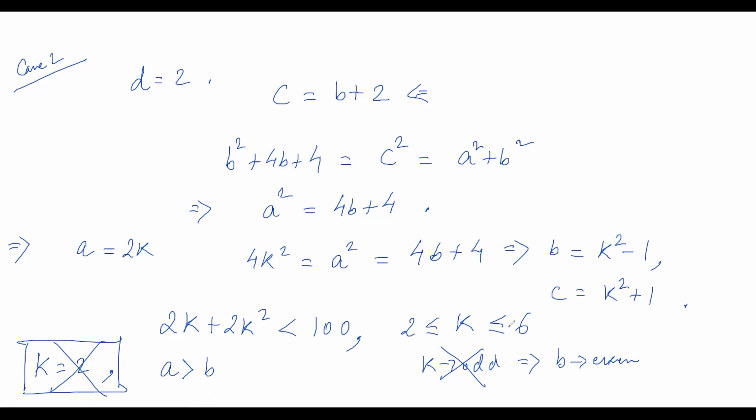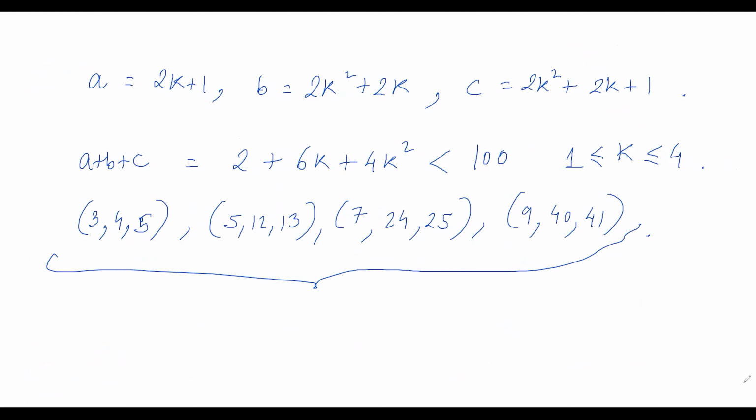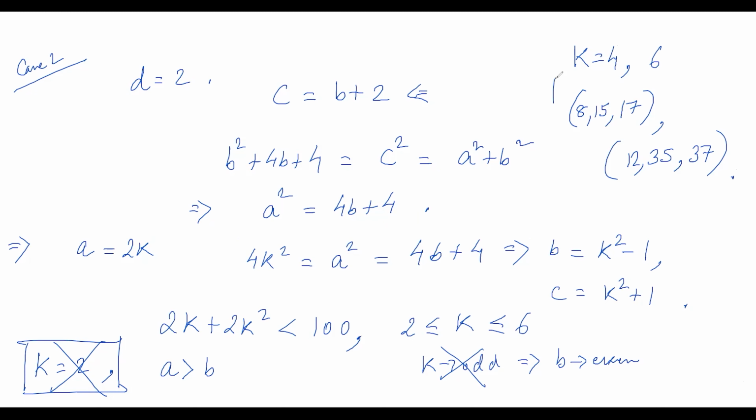So the only possibilities are k equal to 4 and 6, and the corresponding triangles are 8, 15, 17 and 12, 35, 37. And so if you take the union of all those triangles that we got in case 1 and in case 2, that gives us our answer for problem 7, and we are done.